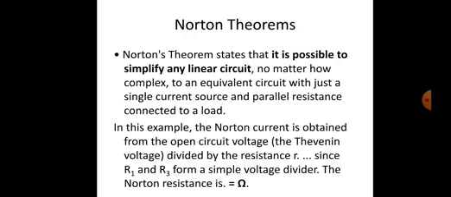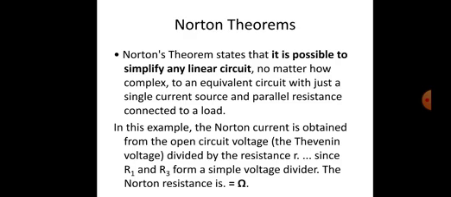Norton's theorem states that any two terminal linear network with current sources, voltage sources and resistances can be replaced by an equivalent circuit consisting of a current source in parallel with a resistance.